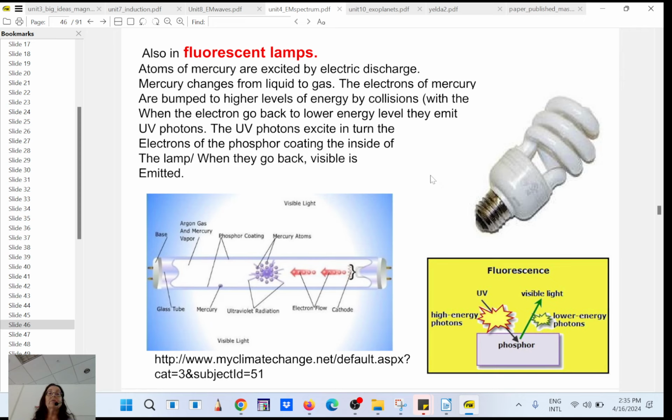Here you have a special phosphor coating, the white you see here. Those electrons accelerate and excite the electrons of mercury, which go to a higher energy level. When they relax, they give out energy.